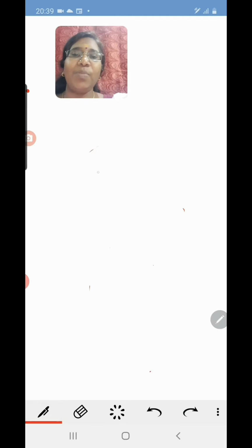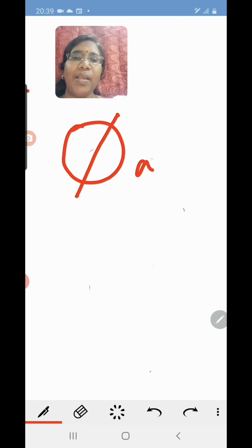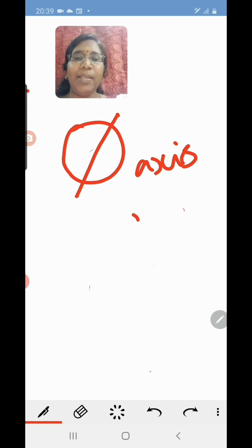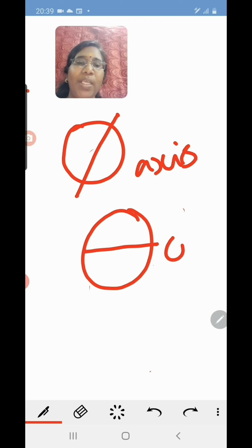We use a number of imaginary lines for our convenience on the globe. One of the most important imaginary lines is the axis of the earth. That is, the earth has a tilted axis. Another most important imaginary line is the equator, 0 degree.